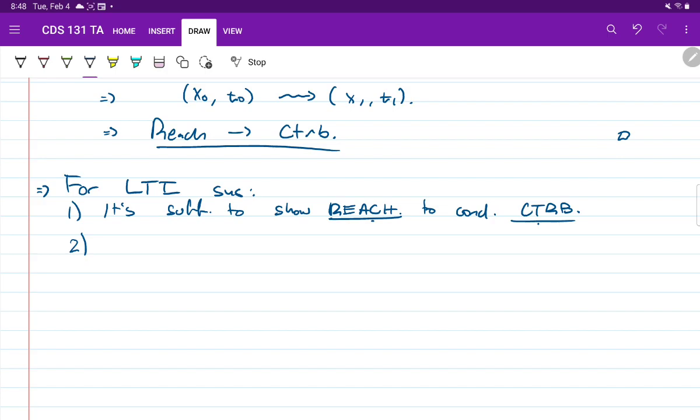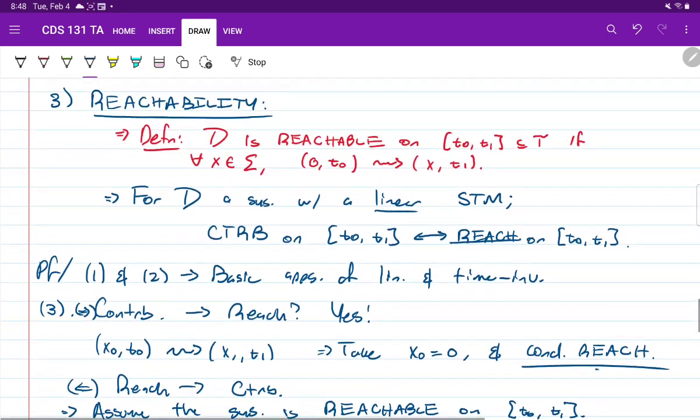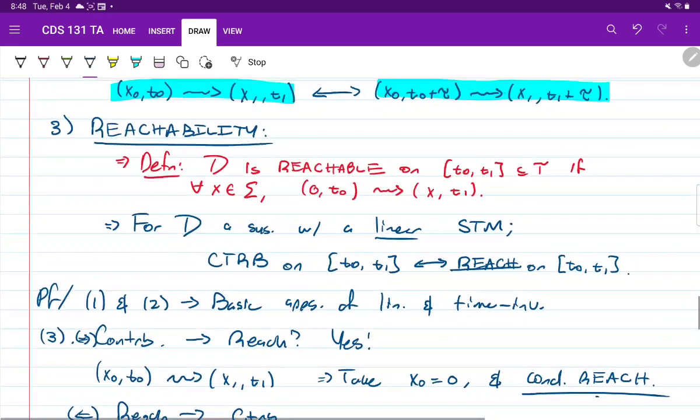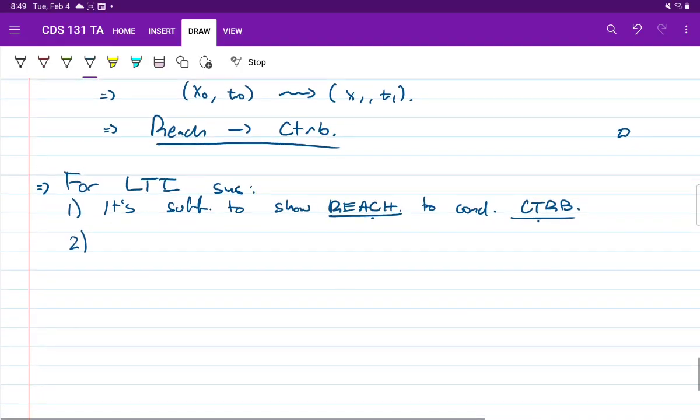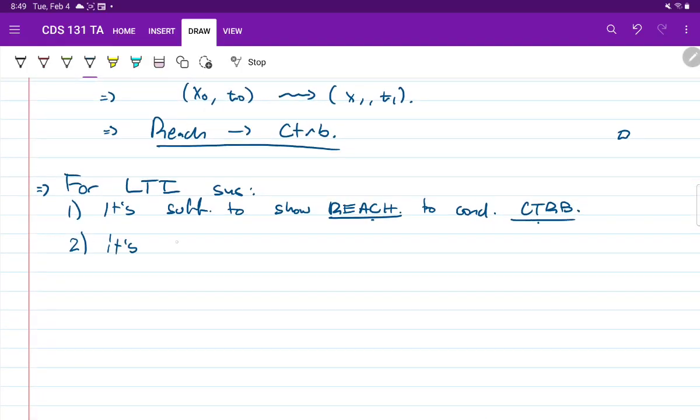Now, what else did we show? Well, this time invariant part of this result gives us a way to simplify the choice of time interval that we're examining, right? So what we also find is it's sufficient to study controllability or reachability as its equivalent for linear systems on time intervals of the form 0, t.